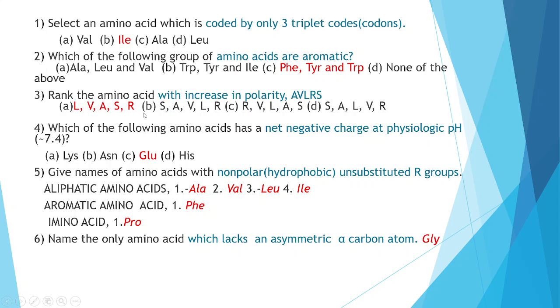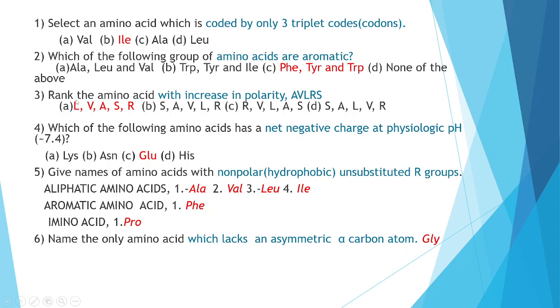Increase in polarity is shown in this manner because arginine is basic amino acid, serine carries OH group, while all these three are aliphatic amino acids. Smallest of these three is alanine, then bigger is valine, and then leucine.